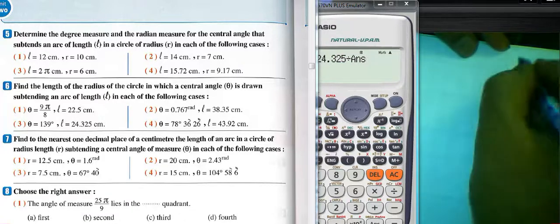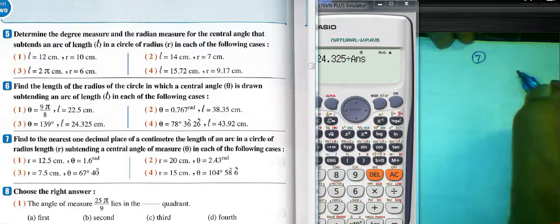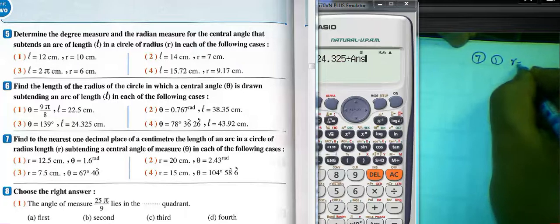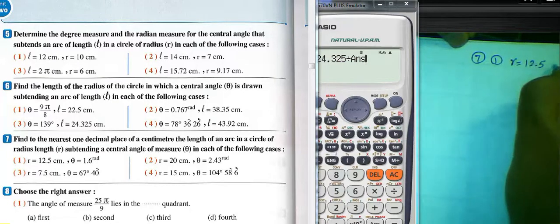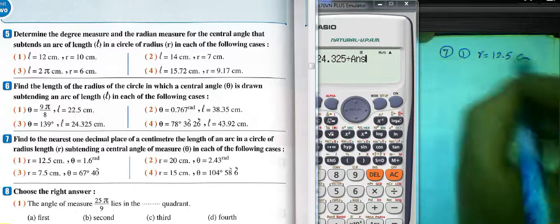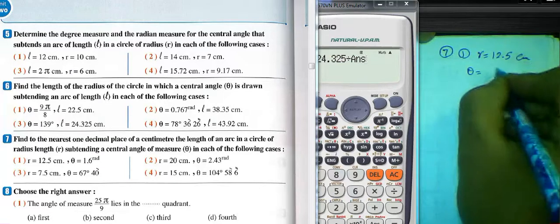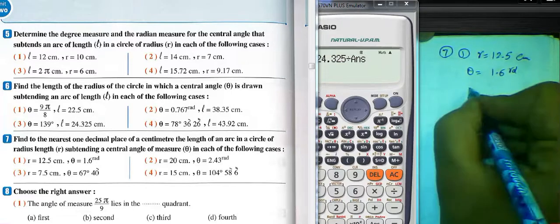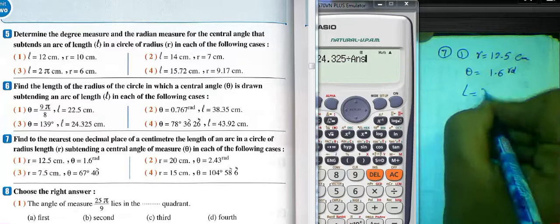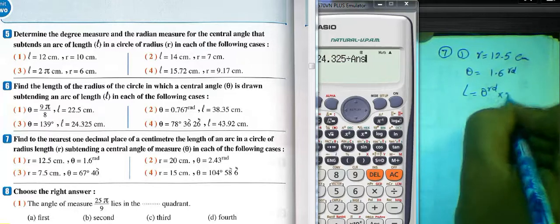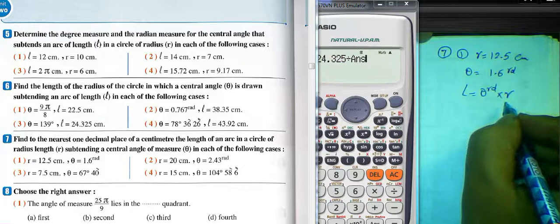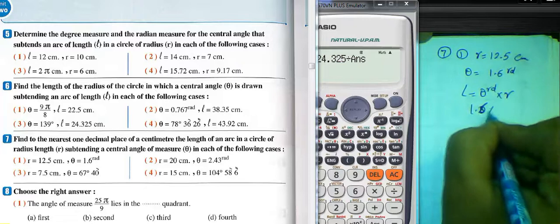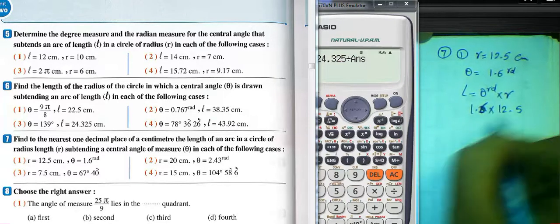Question number 7, number 1. We know r equals 12.5 centimeters and theta equals 1.6 radian. We want to find L. L equals theta in radian multiplied by the radius, so 1.6 multiplied by 12.5.